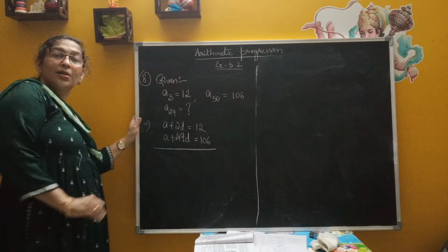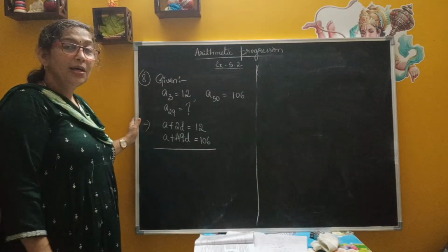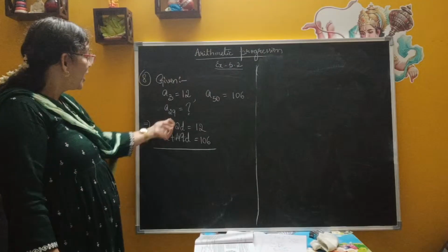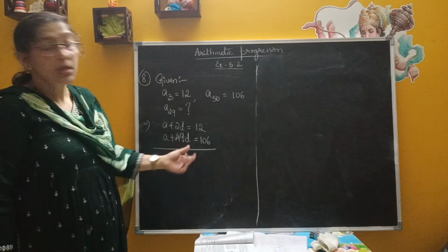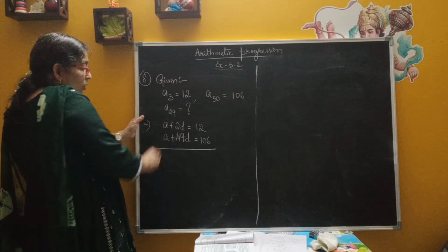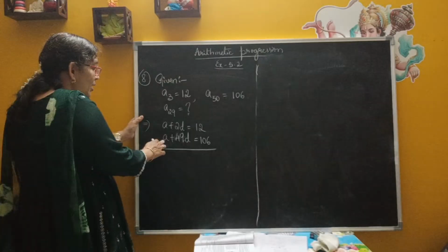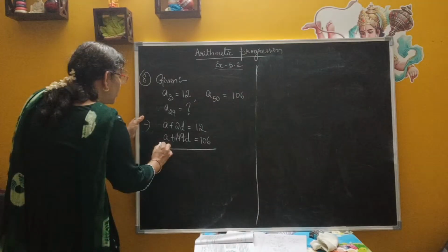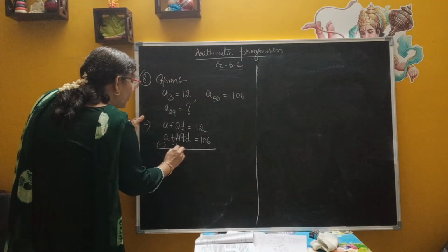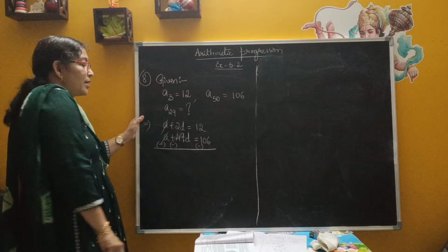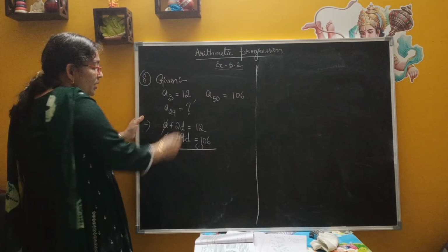Which method? We can use elimination method. Yes, you can use substitution method also. But here we find this method is easy. Okay. So common here, 1A, 1A. Coefficient is 1. So we can eliminate A from the simultaneous equations. So let us change the sign. Okay, so plus A minus A gets cancelled. 2D minus 49D.